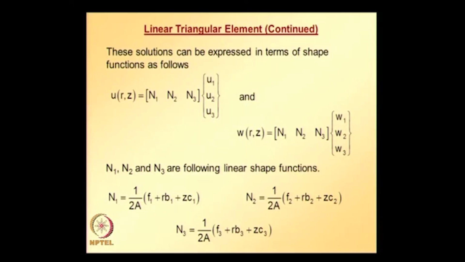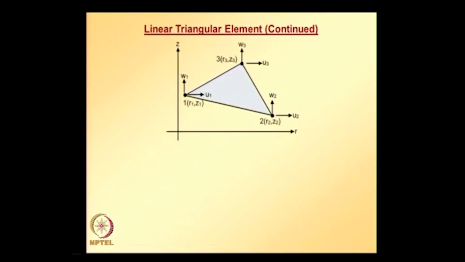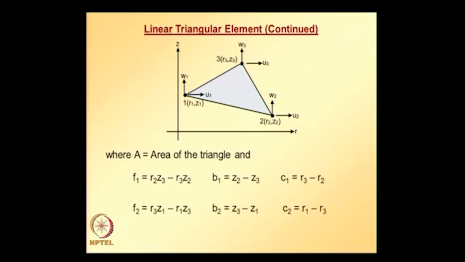The f's, b's and c's are coefficients which are functions of the spatial coordinates of the nodes of the triangular element. So, if the coordinate information of all three nodes is given, we can easily find the area of the triangle and f1, f2, f3, b1, b2, b3, c1, c2, c3.